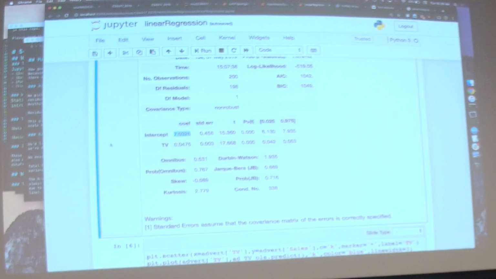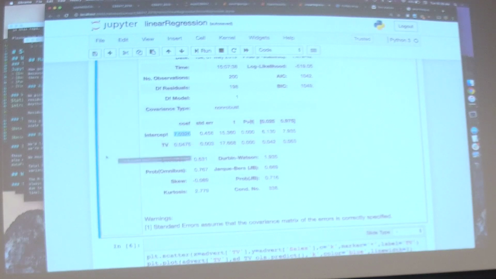So if I spend $0 on TV advertising, what does this value tell me? If I spend $0 on TV advertising, this is the number of sales that I should expect to get. So this is like my not-advertised baseline.